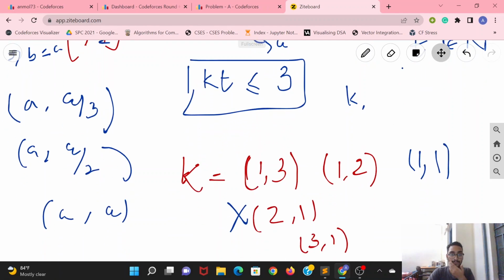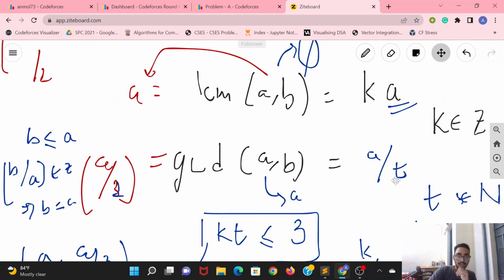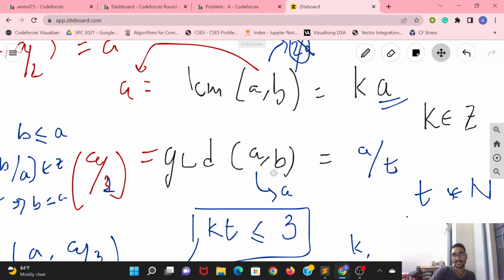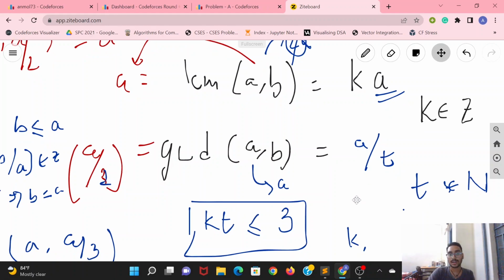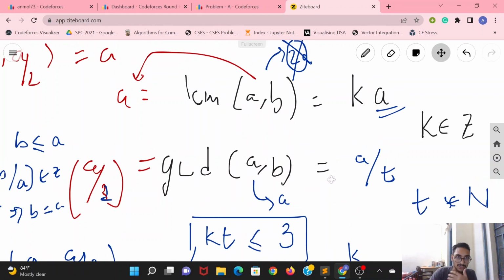Okay, I'll just try to repeat for 2 comma 1 once. So if T equals 1, GCD of A comma B is equal to A. And by our initial assumption, A is greater than or equal to B, so B is also equal to A. But now if B is equal to A, LCM of A comma A is A only. It's not 2A according to our given value of K. So this is a contradiction.